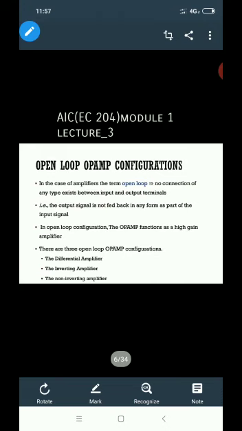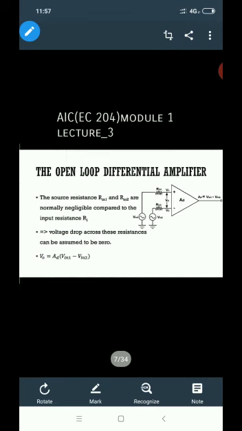There are three open loop op-amp circuits generally: the first one is the differential amplifier, the second one is the inverting amplifier, and the third one is the non-inverting amplifier.